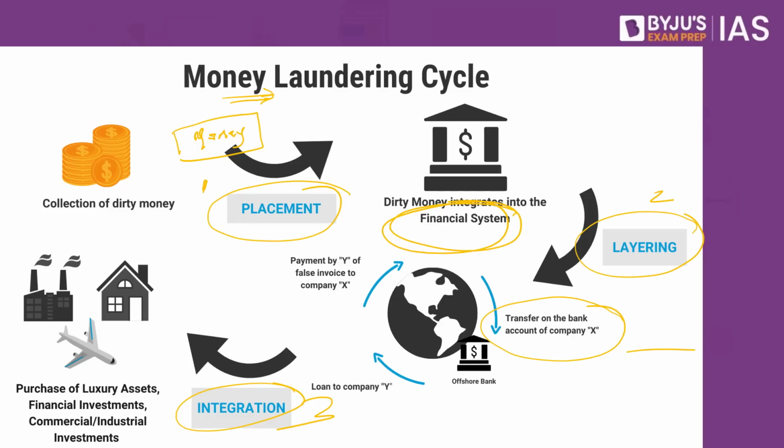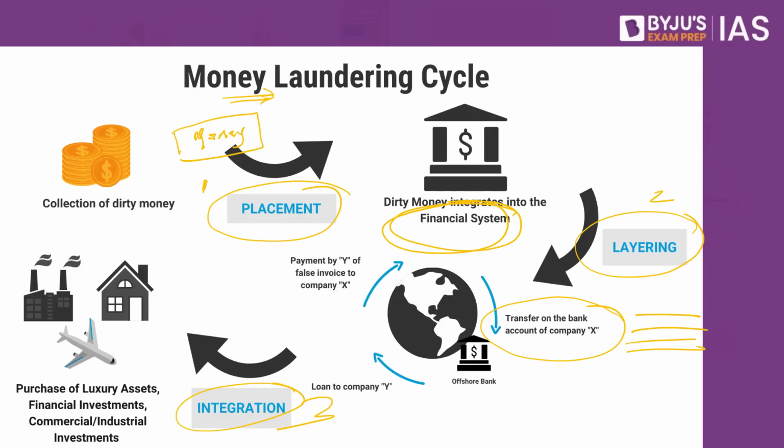So what is layering? Layering is one transaction after the other. You're conducting a number of transactions, and these transactions are complex in themselves. They are a web of transactions, and ultimately this placed money in the financial system over a period of time becomes so complex. That is called layering.